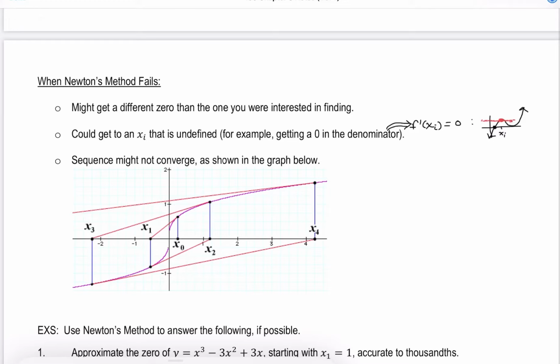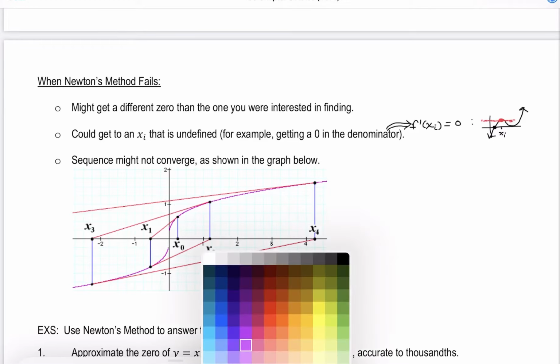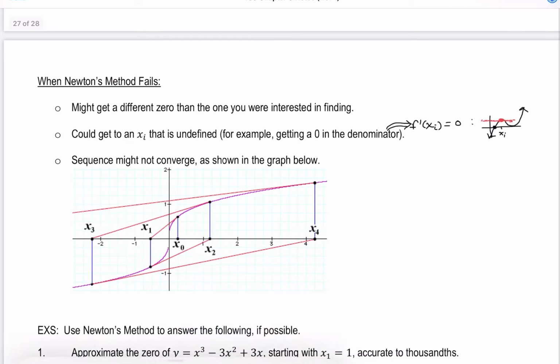Sometimes the 0 that we're trying to find, in this case it looks like there's a 0 at the origin, causes a problem. Let's say I start, and the first x in my sequence is denoted x sub 0. I take that to the function, there's the point, I draw the tangent line, and I take that tangent line down to its x-intercept. That's my next guess.